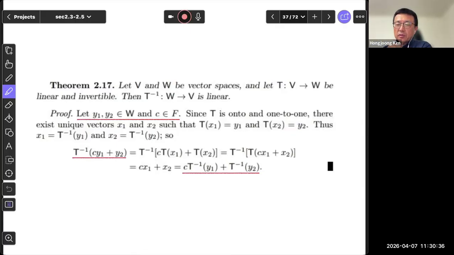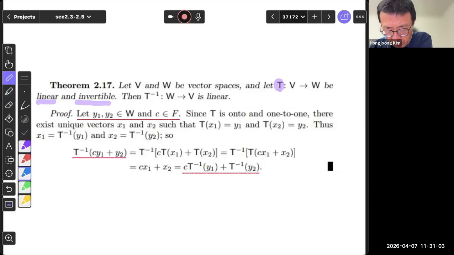In the previous example, I mentioned that T inverse will be a linear mapping, but is it a special case? No. Theorem 2.17 says if T is a linear and invertible mapping, then T inverse will also be linear and of course invertible.